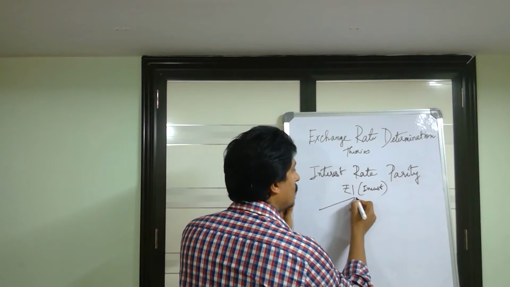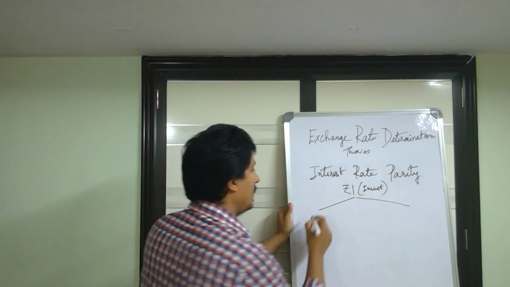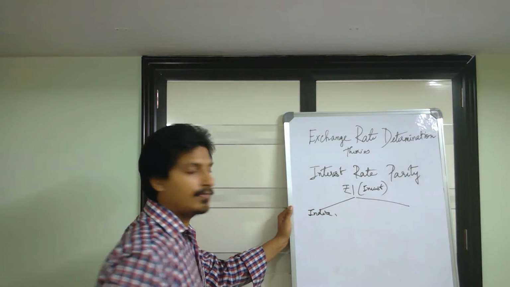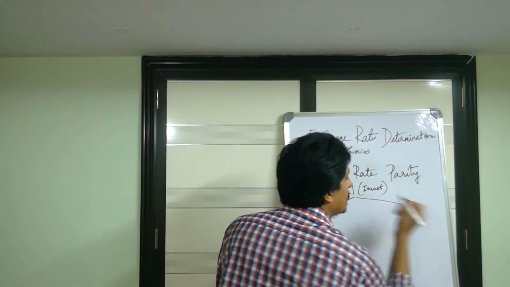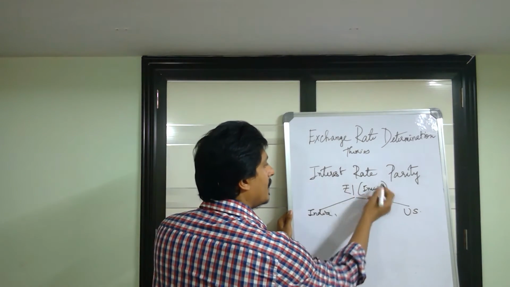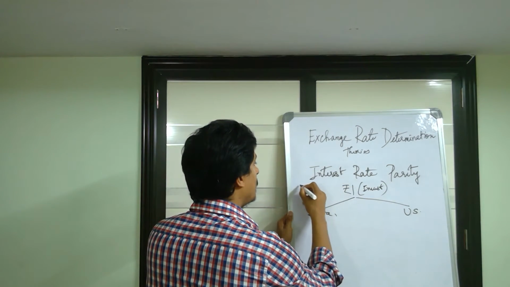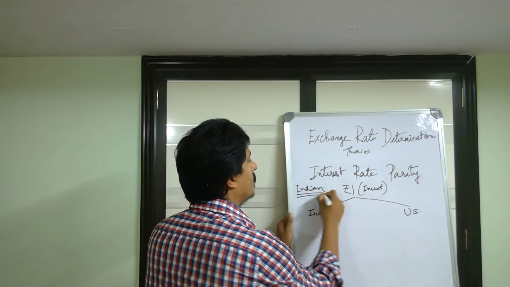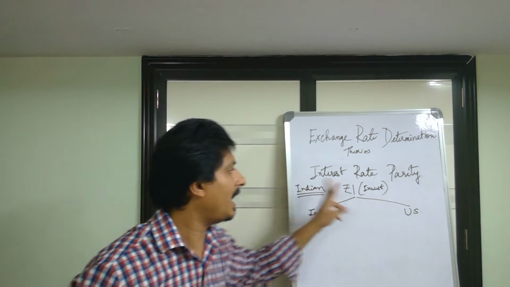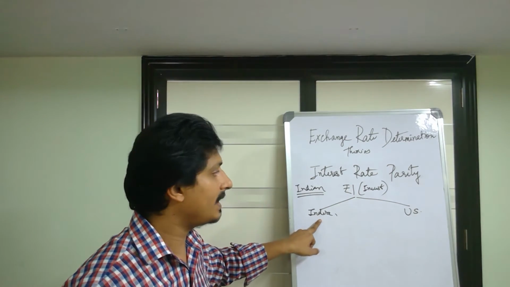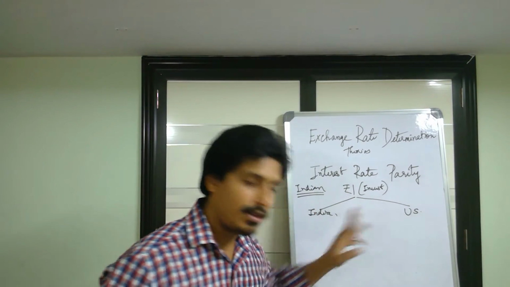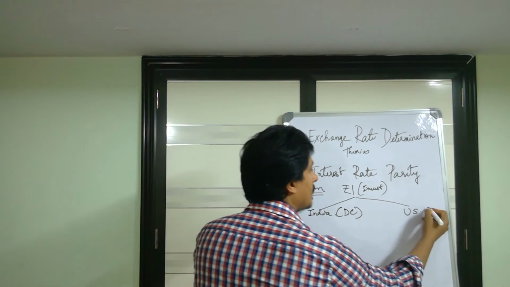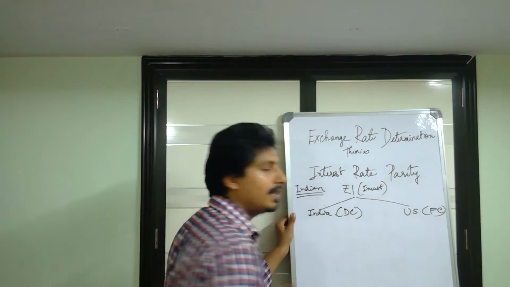There are two possibilities: in India and in the US. India means you are an Indian. I am an Indian now. I have ₹1 with me. I can invest either in India or in the US. India is the domestic country, the US is the foreign country.